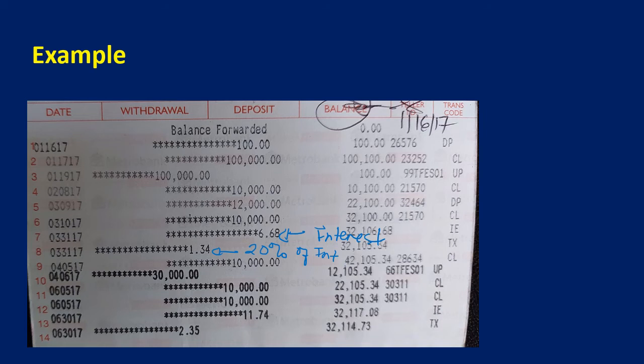So let's compute. Let's try 20% of 6.68. So 0.2 times 6.68. What do we get? There, you get 1.336. So that's why you have your 1.34 here. Understand? So that is your withholding tax.